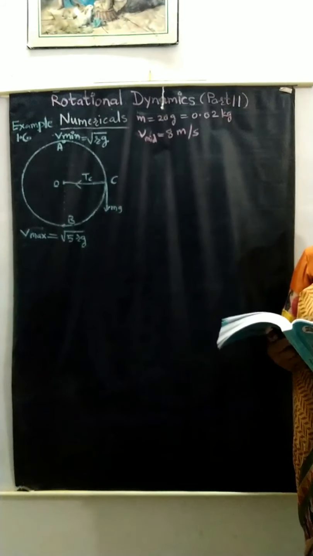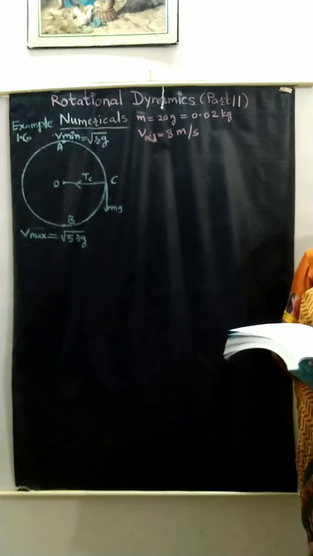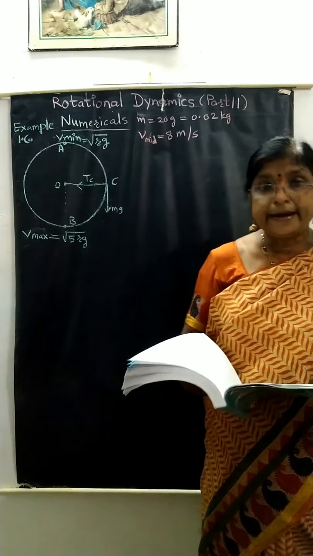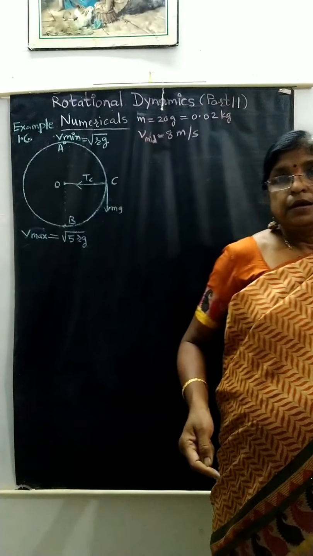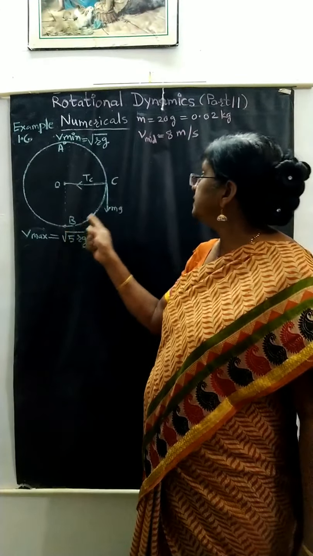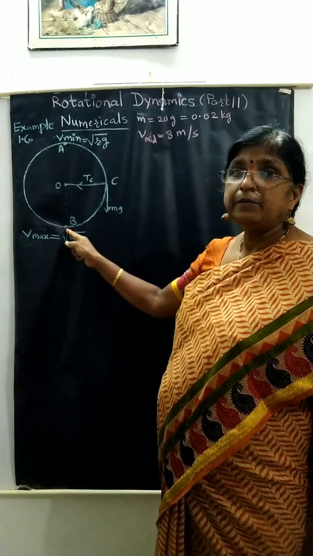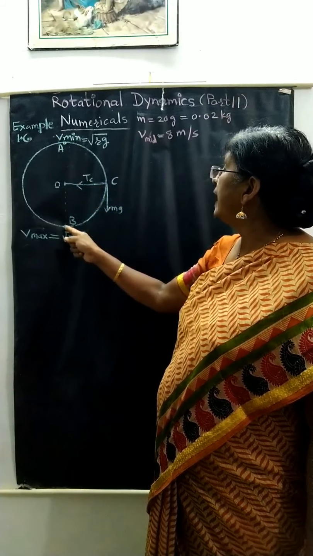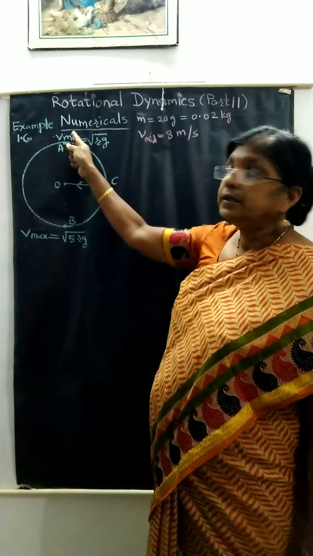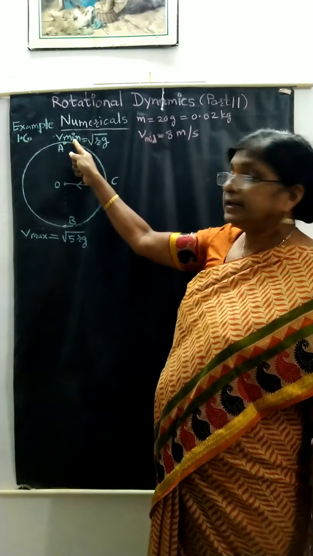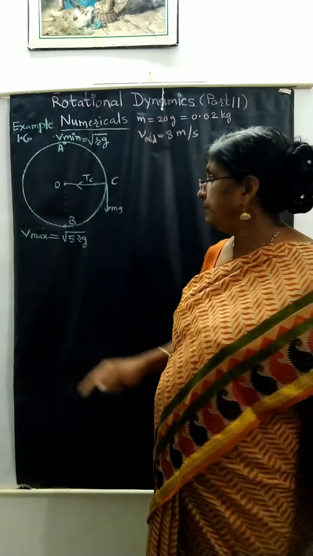We are asked to calculate minimum and maximum kinetic energies of the stone during the entire circle. We know that in case of vertical circular motion, the speed is maximum at the bottom, and as we move in upward direction, the speed goes on decreasing, and at the topmost point the speed is minimum.